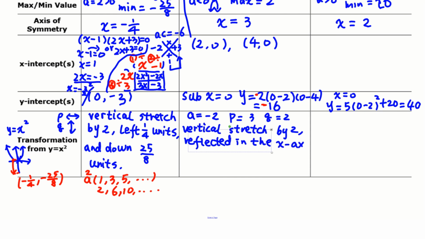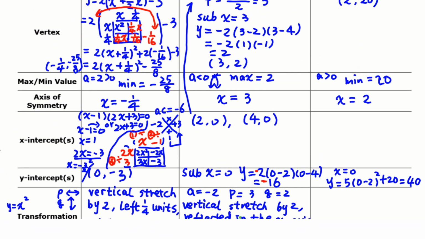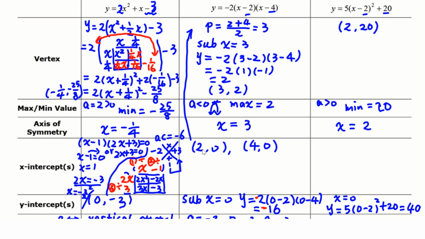Then p and q: p is left-right, q is up-down. So p and q are positive. P is 3, it means right 3 units. And q is up-down, so it's up 2 units. So that is how, from factored form, you find the zeros.